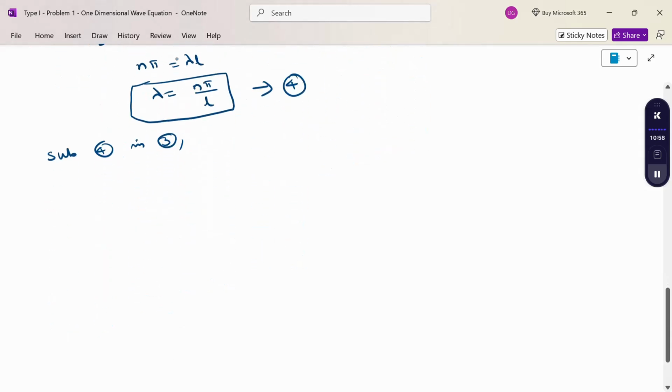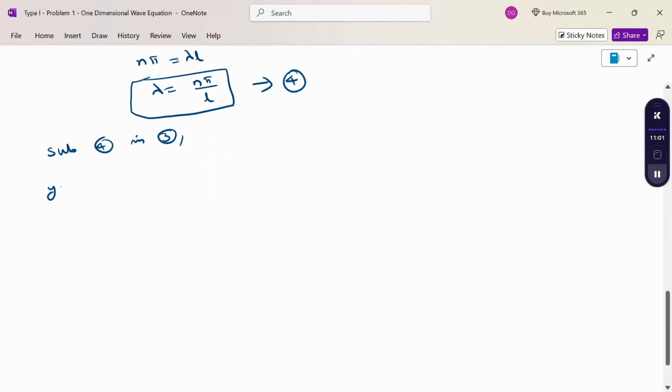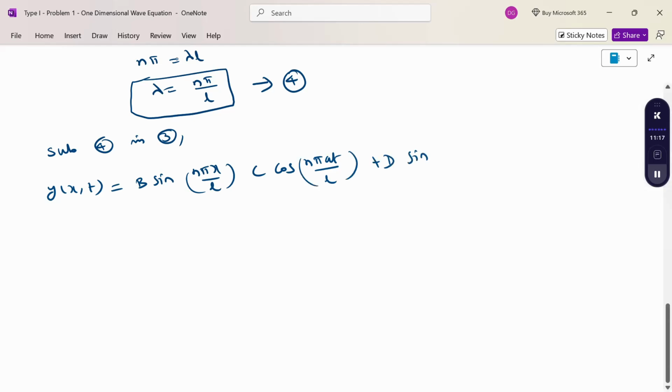Lambda equals n pi by L. Substituting in the previous equation, y of x comma t equals b sine n pi x by L, then c cos n pi at by L plus d sine n pi at by L. Now this is our equation number 5.